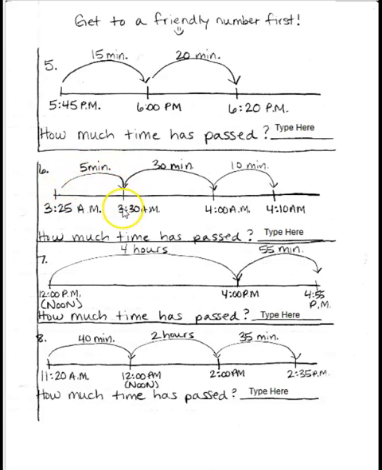So here we are at 3:30. We're trying to get to 4:10. So we know that we can jump to 4 first, since that's a nice friendly time, and we know it's 30 minutes from 3:30 to 4. Once we're at 4, we just need to go another 10 minutes, and then we can just add up all of our minutes, and that will tell us how much time has elapsed.